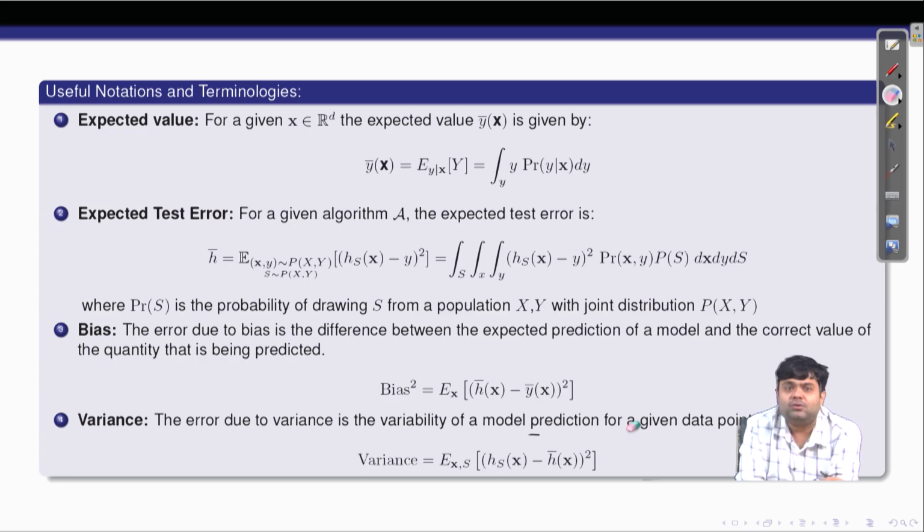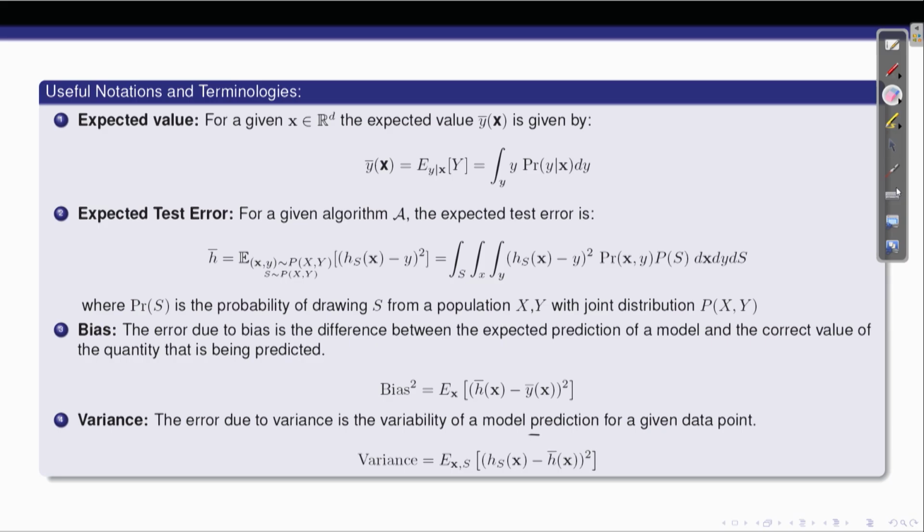Today's agenda is to express this total error, taken as an average over all possible samples, all possible x's and y's, and then you average the squared difference between the predicted and actual. So, if you want to study this expected test error, this is sort of the grand average error. We will see how this error actually consists of bias and variance only. Well, sort of, we will see today. Basically, this is the decomposition theorem of this test error.